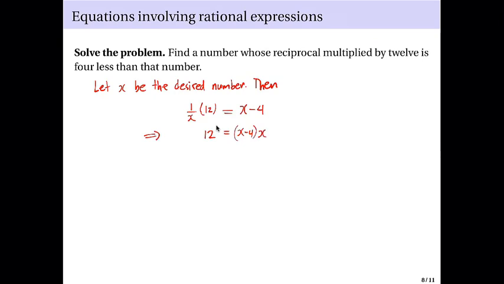But (x minus 4) times x, this is x squared minus 4x, correct? And then we write this in standard form. The standard form will be x squared minus 4x minus 12 equals 0. So you put this on the other side, that becomes minus 12, and then we interchange.